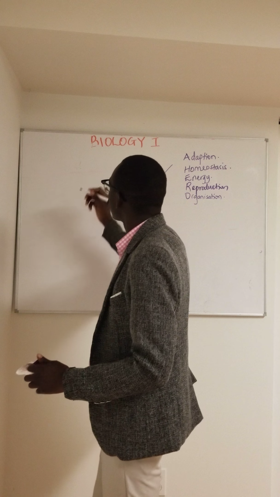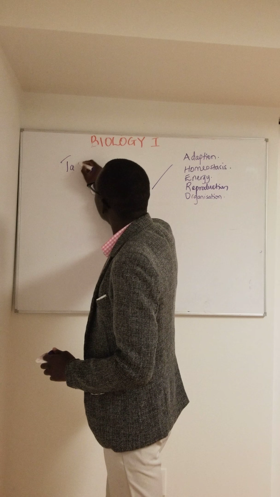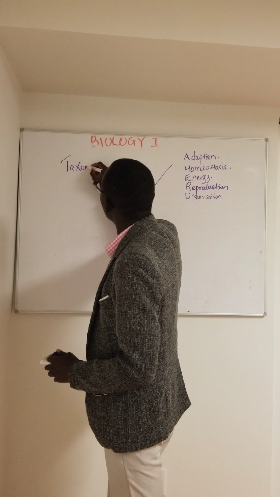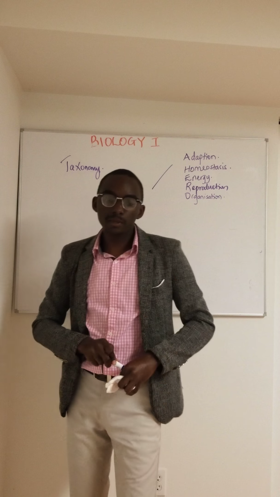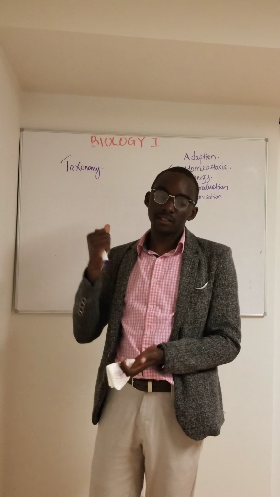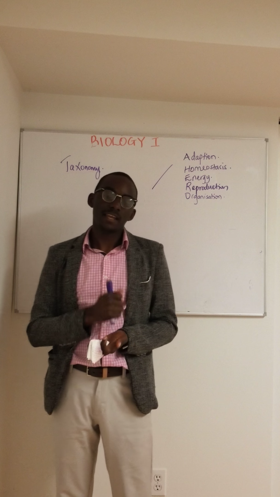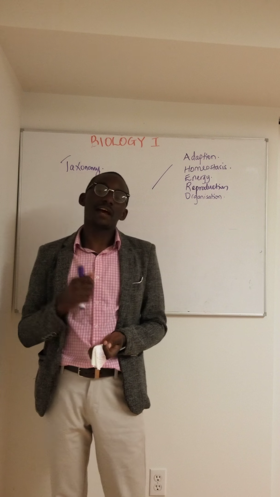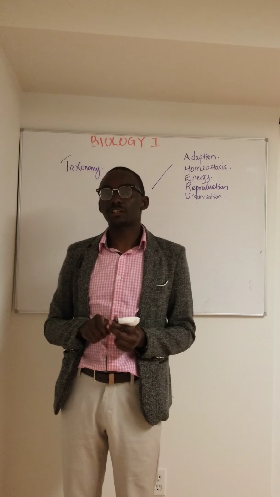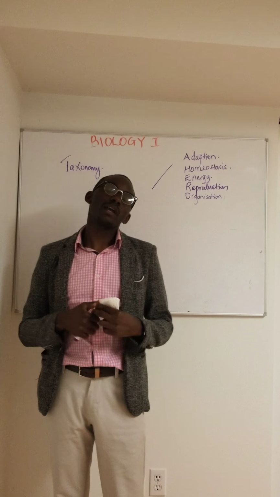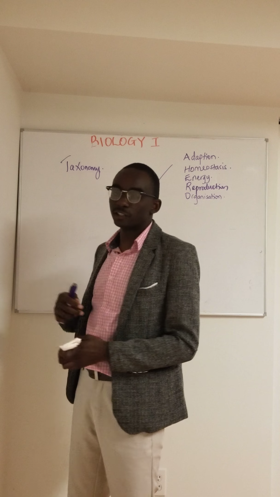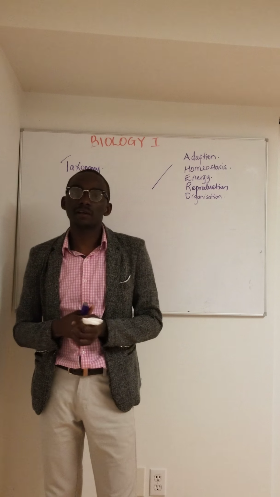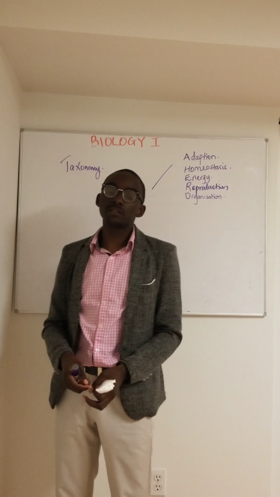and evolution. And then lastly, if we may talk a bit about taxonomy. So taxonomy is the italicized binomial nomenclature of living organisms. So all living organisms are divided into classes, or say from domains to species.